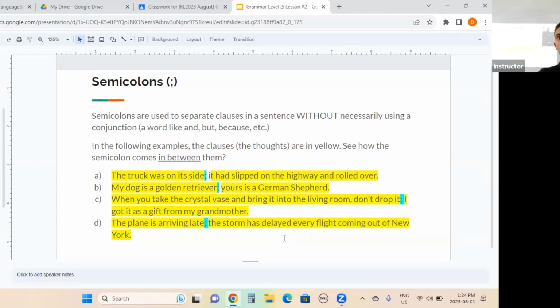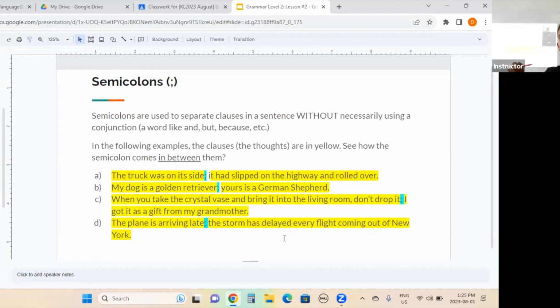Caden, do you understand that? Yeah. Okay. Could you read B for me, Caden? If I wanted to replace the semicolon with the word like and or but, what would you say? My dog is a golden retriever; yours is a German Shepherd. What would you replace it with? And yours is a German Shepherd, or but yours is a German Shepherd?